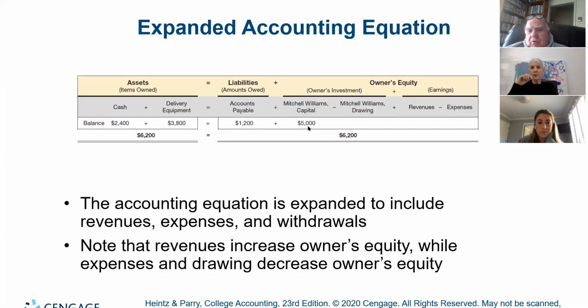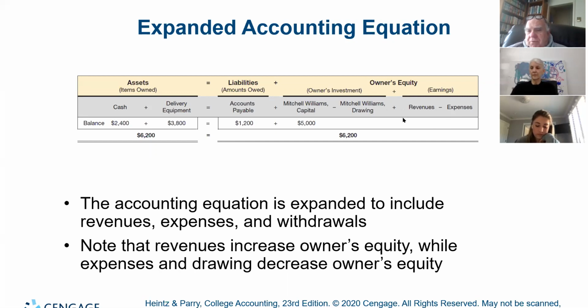Monies that are contributed to the company. Mitchell Williams put his own money in a business. We call that contributed capital. It's one element of ownership, minus any drawings, plus revenues, minus expenses. And another word for revenues minus expenses is income, net income.